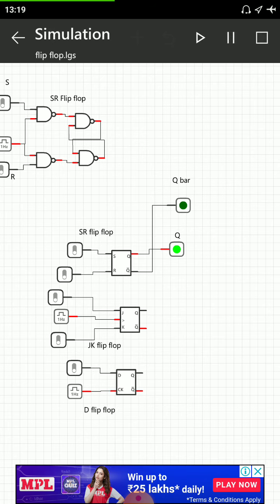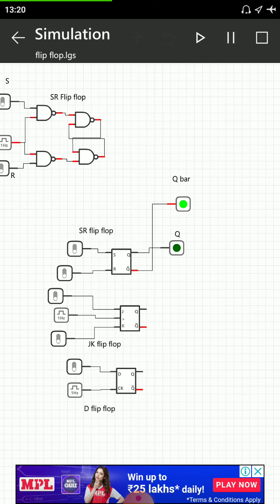One time it can be a Q which is high for 0 0, and another time you will find that for 0 0 input your Q bar may be high. So this is a race state, right? Now you can see your Q bar is high. So this is a race state.